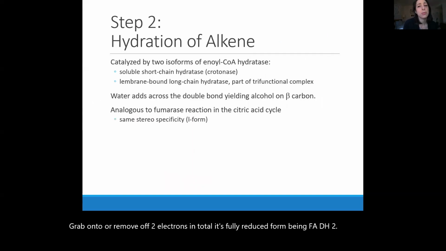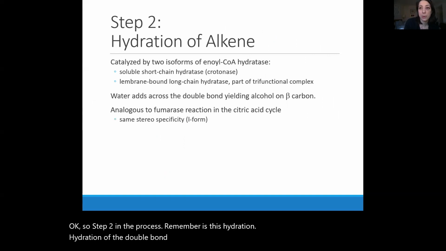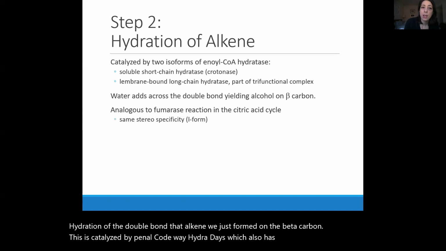Okay, so step 2 in the process, remember, is hydration of the double bond, that alkene we just formed on the beta carbon. This is catalyzed by enoyl-CoA hydratase, which also has two forms. There's a soluble form.